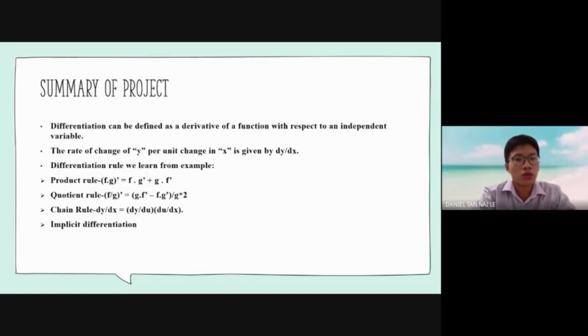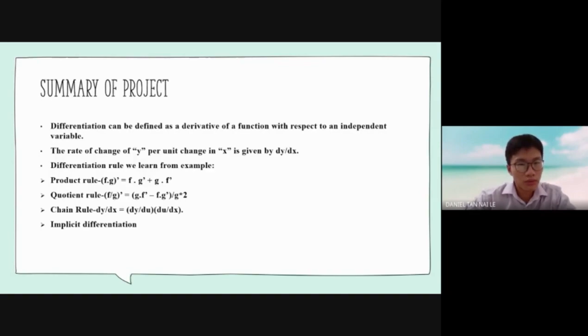There are a few basic differentiation rules that we learned from the examples we have done. If a function is the sum or difference of two functions, the derivative is the sum or difference of the individual derivatives. The first differentiation rule that we learned from our example is the product rule.